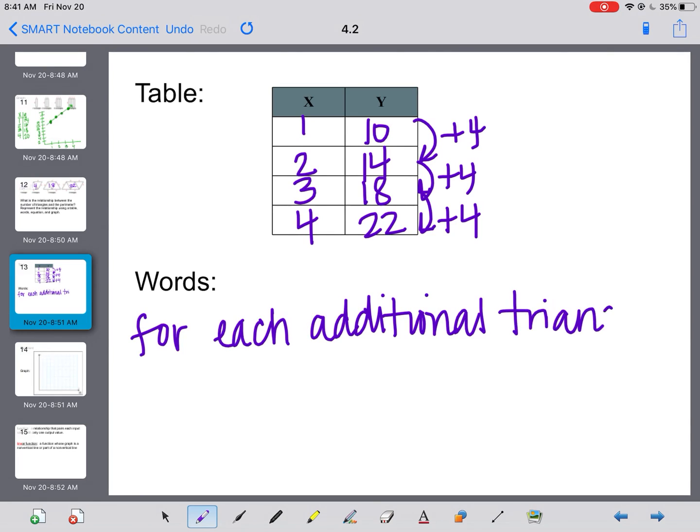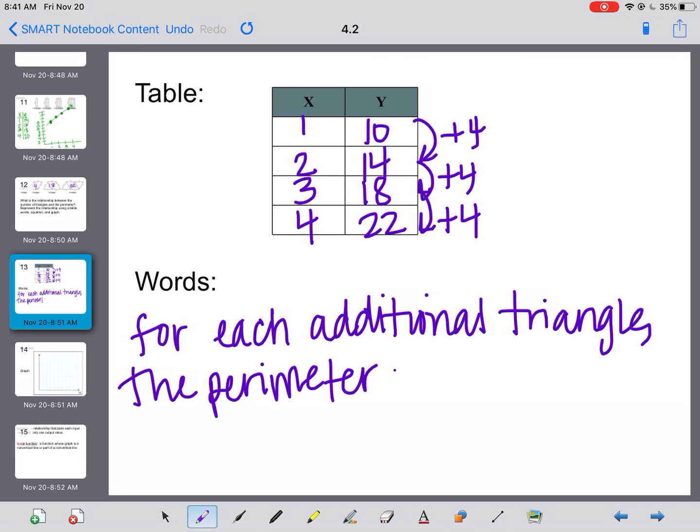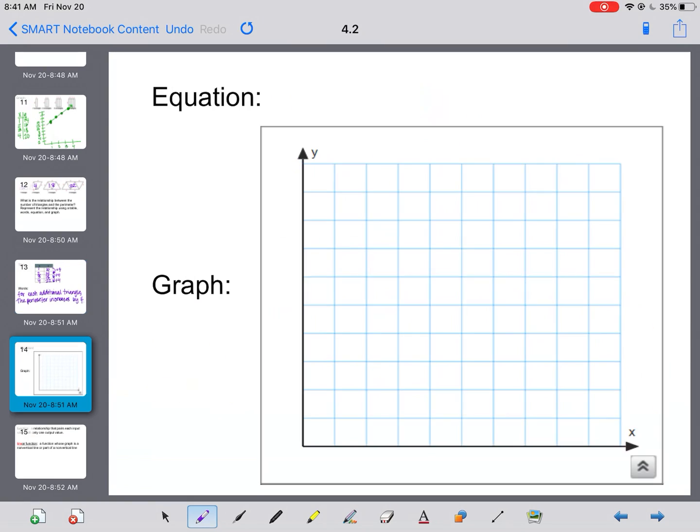So for words, I would say for each additional triangle, the perimeter increases by 4. Then we're going to use this table to graph it, and we're even going to write an equation.